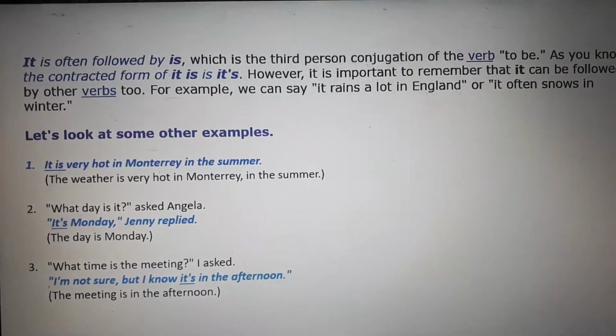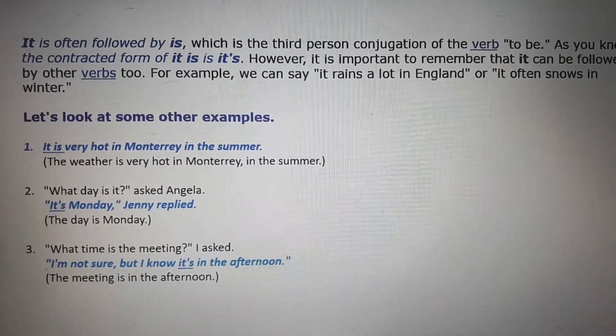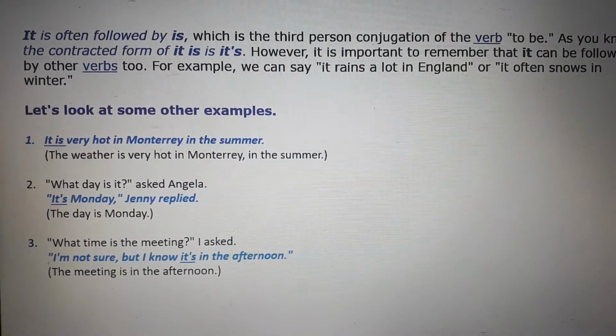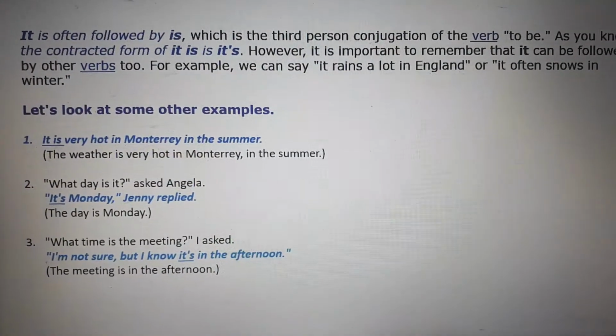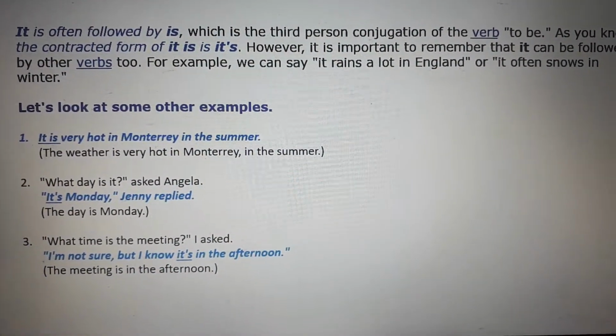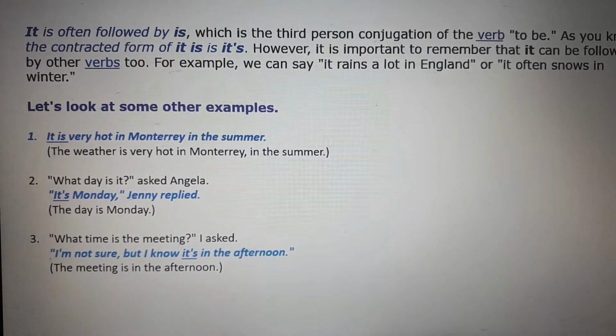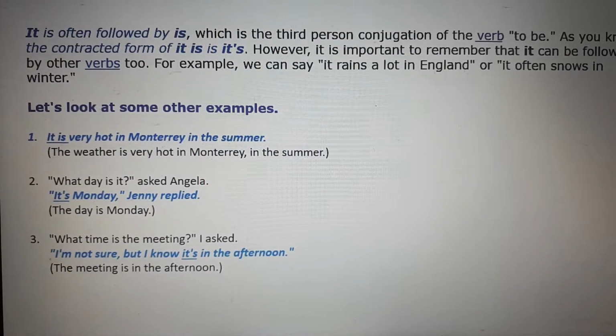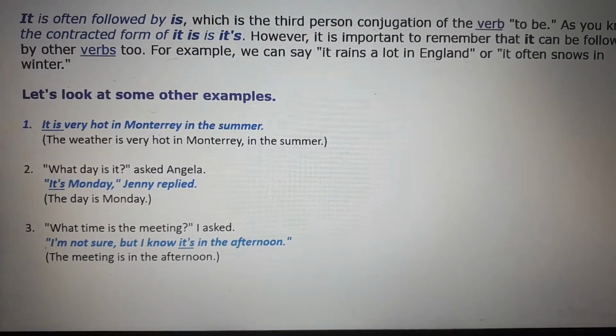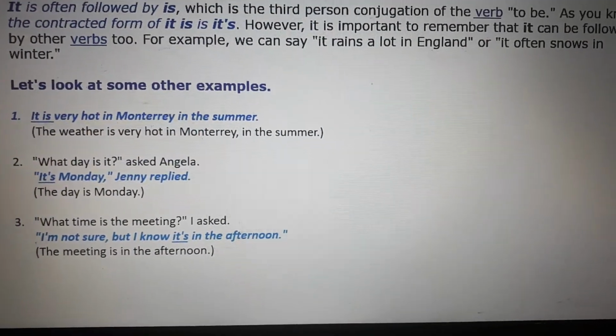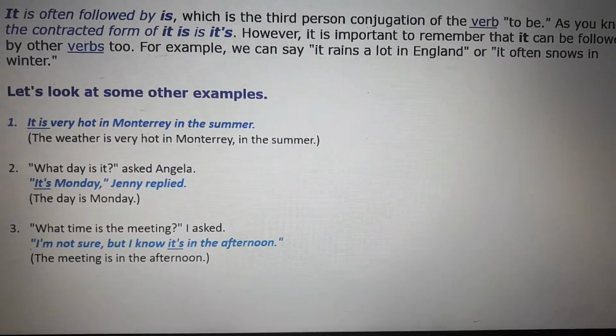Now, let's look at some other examples. We can say the weather is very hot in Monterrey in the summer. But using the pronoun, we're going to say it is very hot in Monterrey in the summer. So it's the same information but in a different way. Or: what day is it?